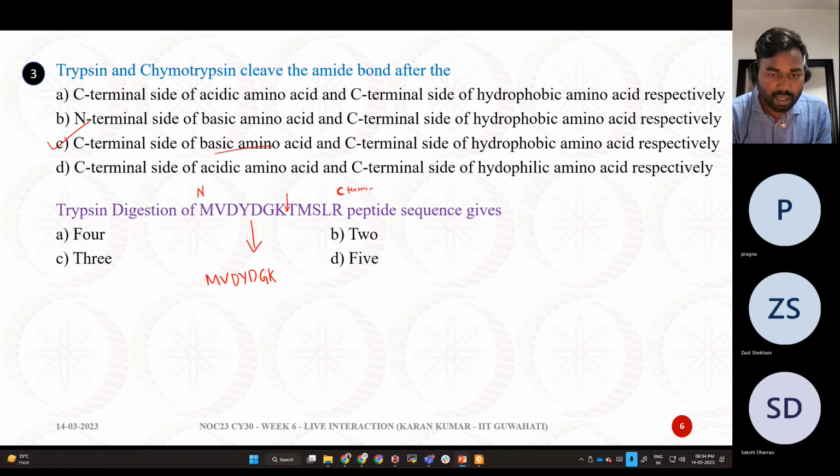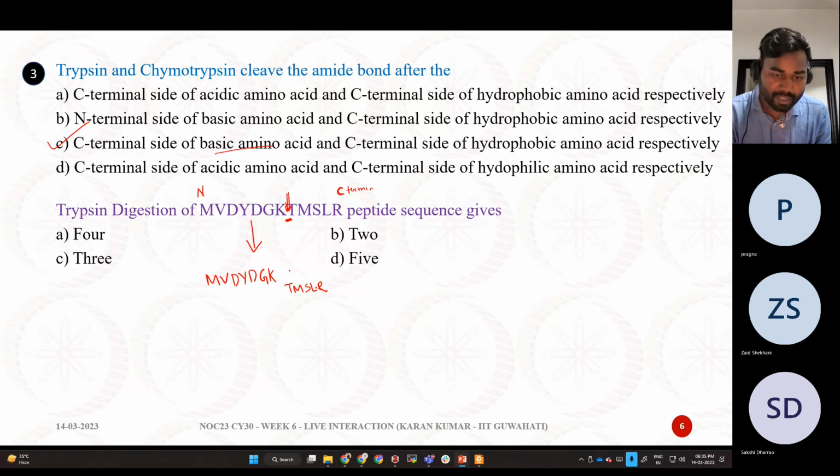So the lysine C terminus will be on the right hand side, so it will cleave at this side. So K will come here. Then you have T, M, S, L, R. Will it cleave here? Because arginine is also there, it will not cleave here.